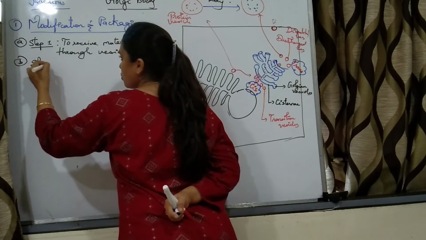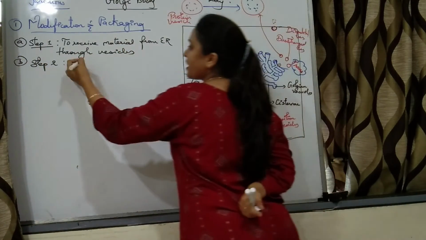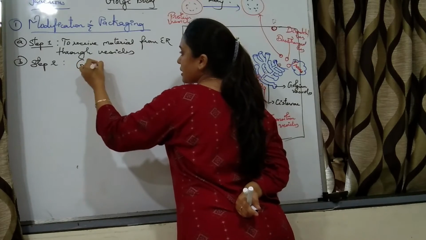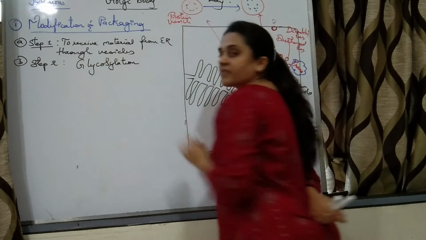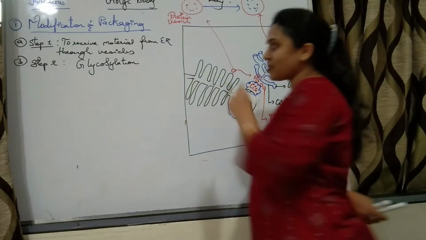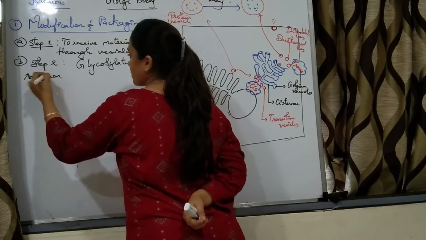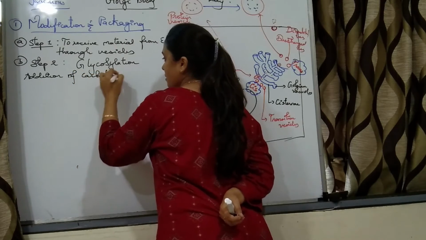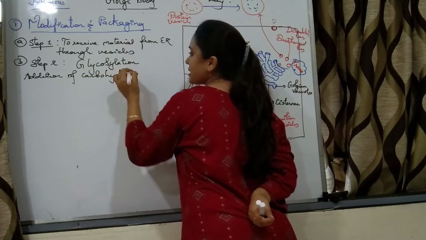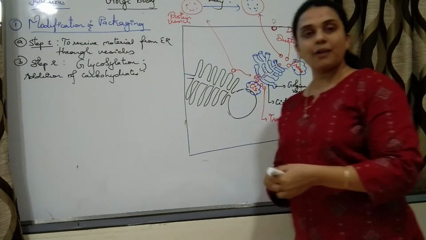Step 2 is modification. That modification is called glycosylation. What is glycosylation? Addition of carbohydrates.